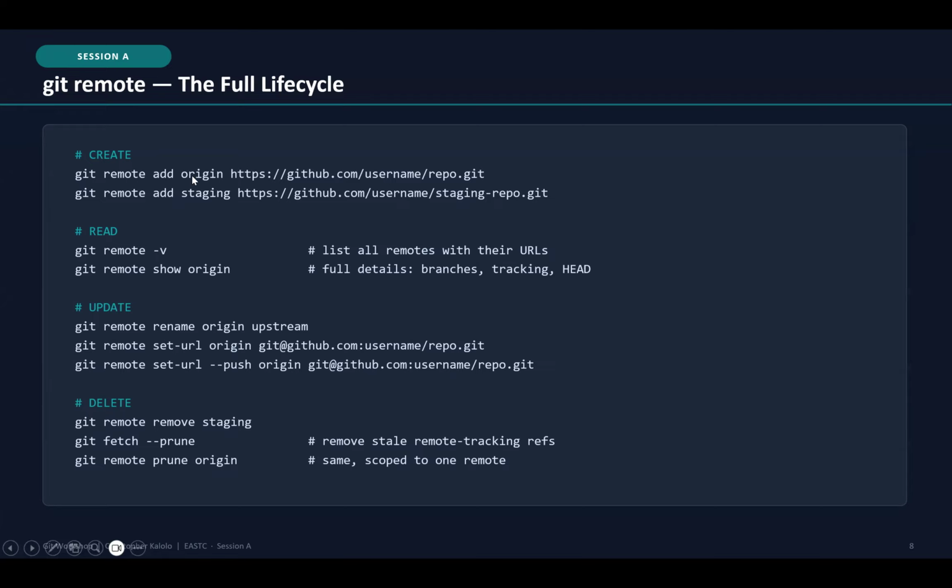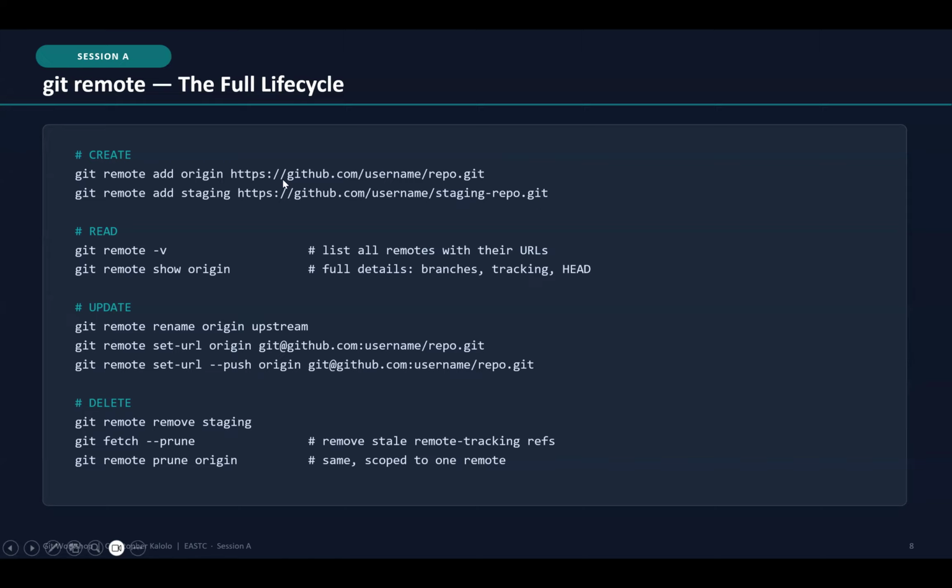Now, this word origin or this word staging, these two words are just labels. Otherwise, in order to interact with the remote repository, every time you would be required to write the full URL, the full reference here. That could be cumbersome, tiresome, and exhausting.